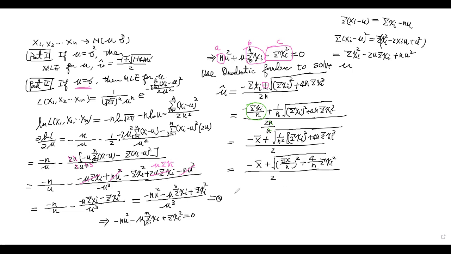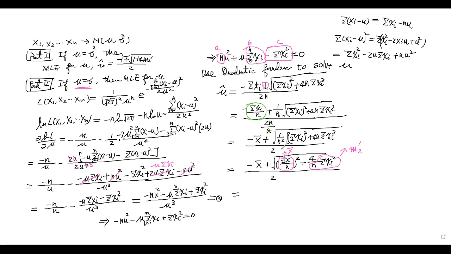Finally, we got our solution here. The summation of x divided by n is x bar, and we also just defined the summation of x squared divided by n as our second moment. That's why we define this m2 prime here.